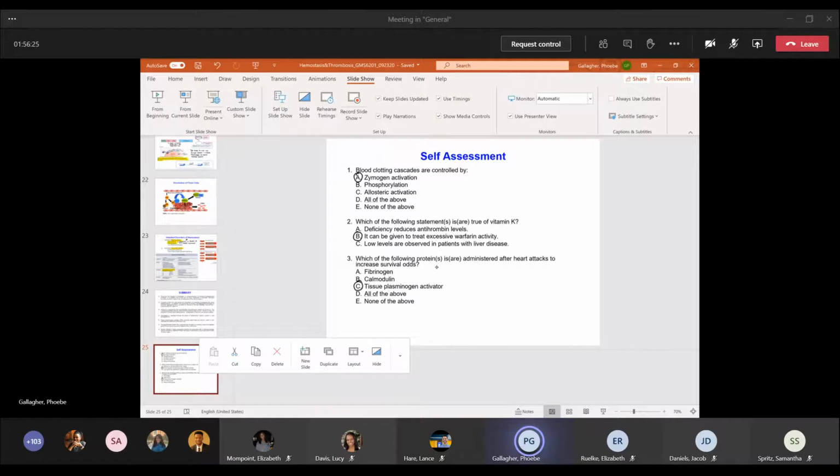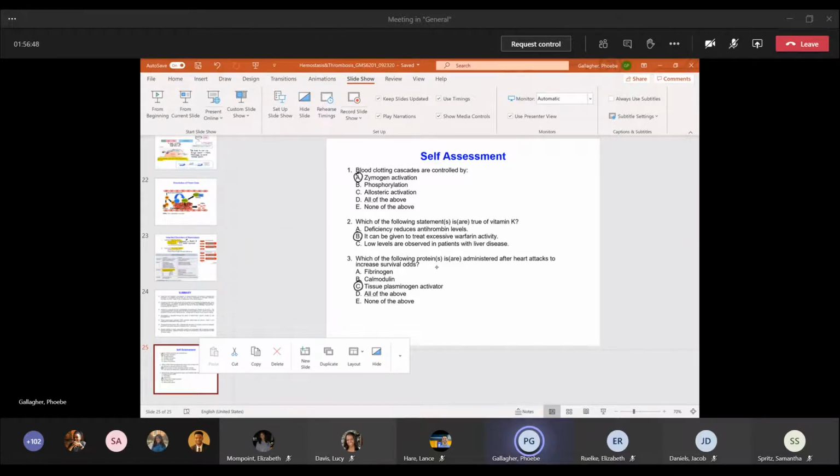But remember that warfarin is kind of like an antagonist of vitamin K. So if you were to overdose on warfarin, the literal treatment for it is to overdose on vitamin K, because then vitamin K can outcompete the warfarin and you can go back to normal clotting levels. So know that they compete with each other.